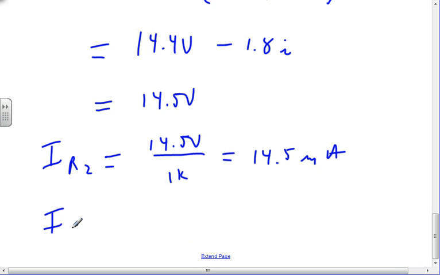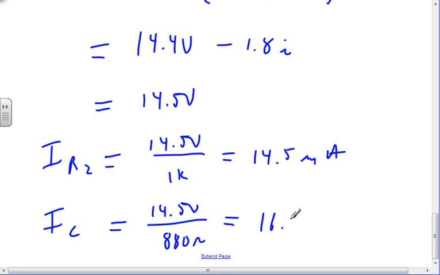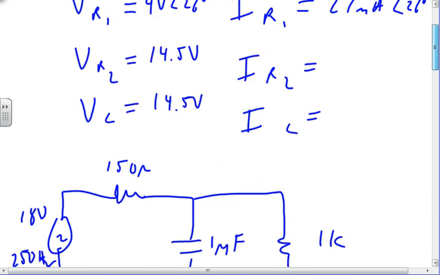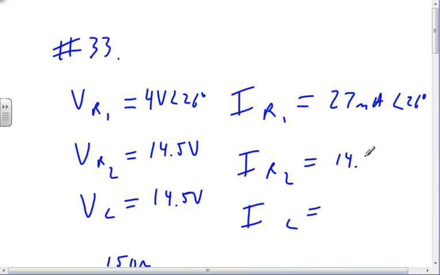The current through the capacitor is 14.5 volts divided by, is it 880? 880 ohms. That's 16.5 milliamps. So 14.5 milliamps, 16.5 milliamps, and I am all done.